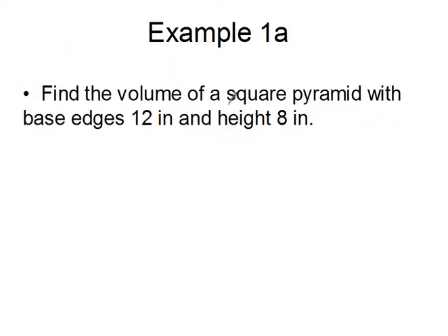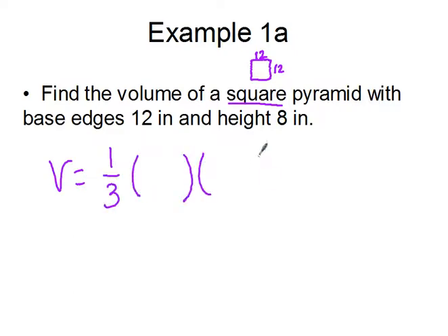Alright, so this one tells you square pyramid with base edges of 12 inches and a height of 8 inches. So picture this thing has a square on the bottom and it says base edges of 12. So the edges of the square are 12 on both sides. Okay, so we do volume equals 1/3 area of the base times the height.